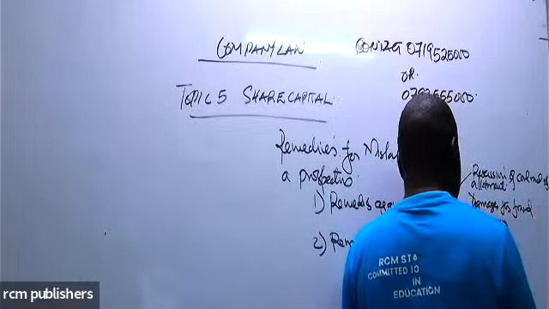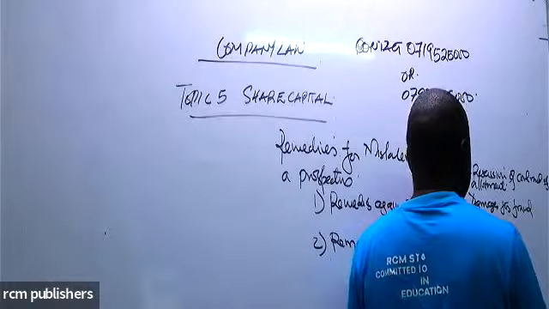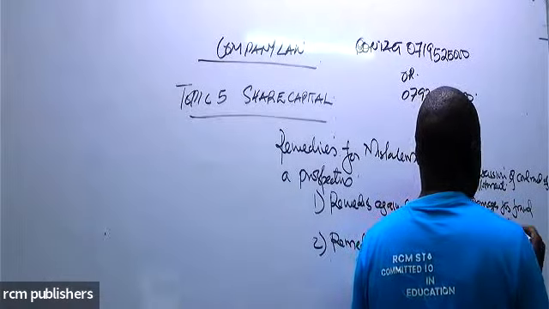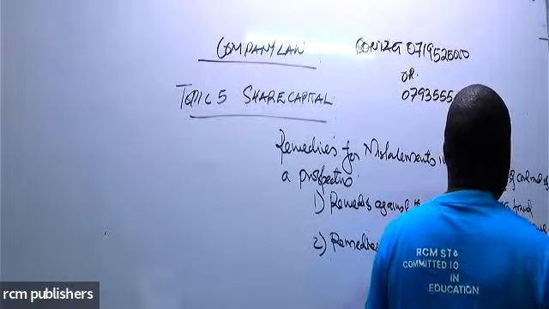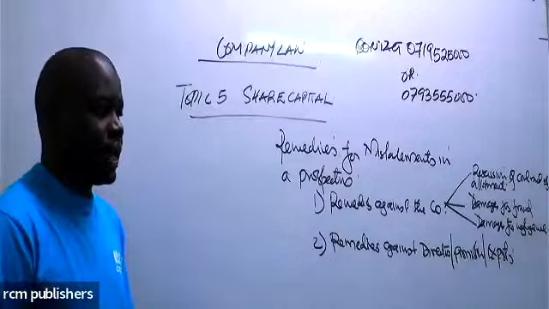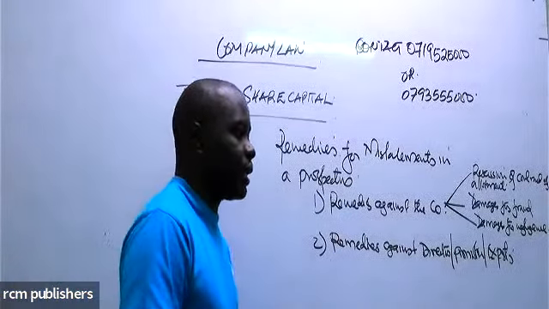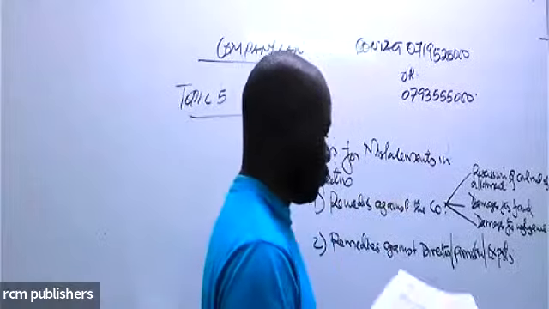Then the last one, damages for negligence. Where there is a failure of duty of care, and it can be proved that there was that failure of duty of care, and a party incurred a loss, then they can bring an action for negligence.